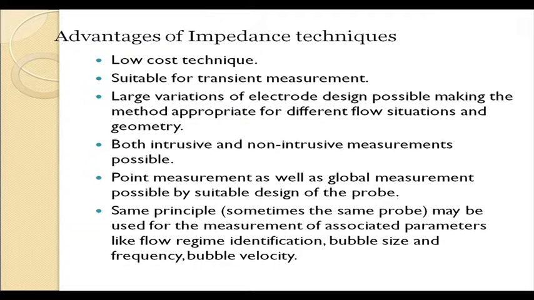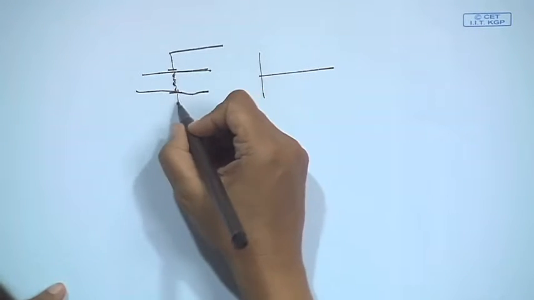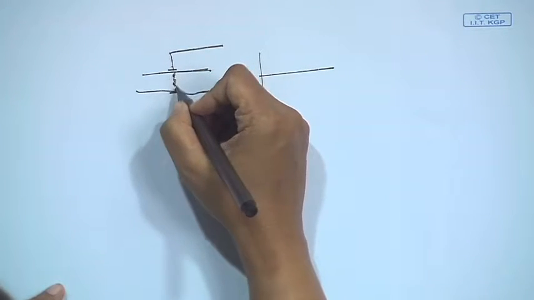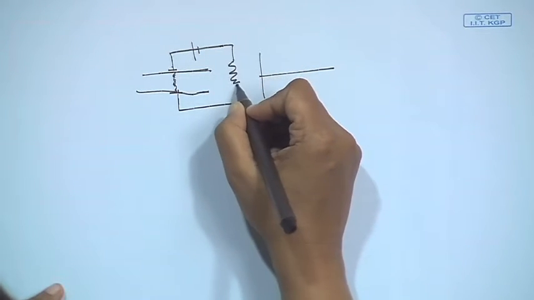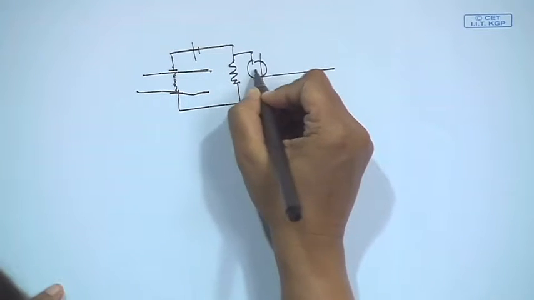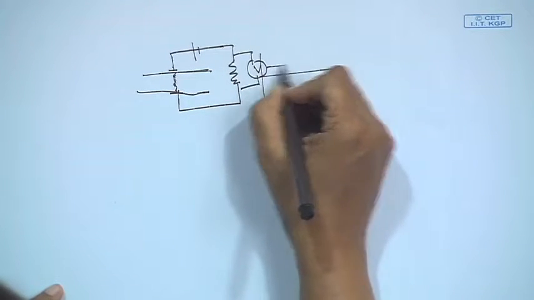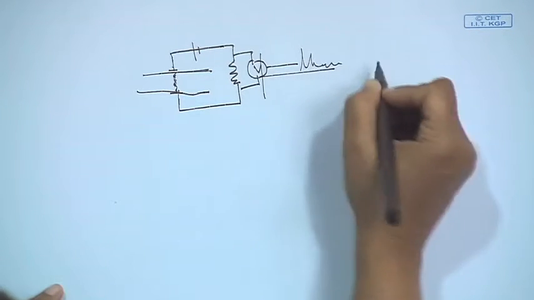The advantages are, number one, it is a low-cost technique. The other thing is that it is very suitable for transient measurement, because more or less it gives us a time-varying voltage signal across a resistor. The current passing through is passed through a known resistor, and the voltage across the resistor is measured and recorded as a function of time.